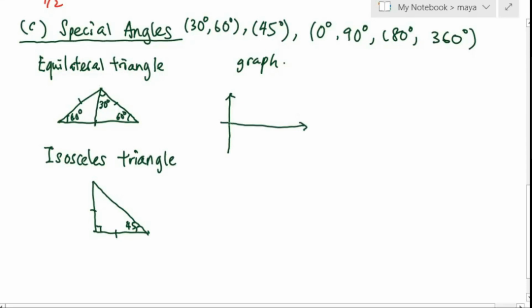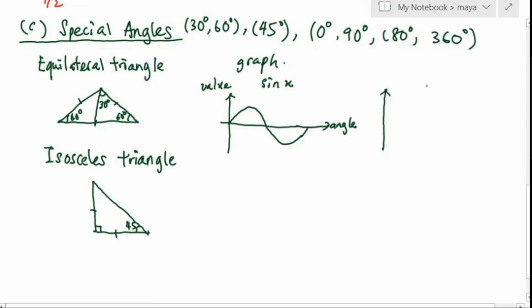For sine graph, you will start from 0, then you go up, you get a sinusoidal graph. Sinusoidal macam graph macam ombak, like a wave. Okay, so this is my sine graph. So from this sine graph, what can I see? X-axis is an angle. Y-axis is a value, which is your amplitude. So this is my sine graph.